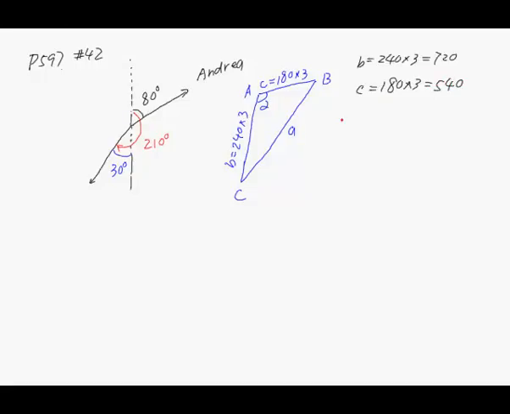Now let's get the angle alpha. Let's first look at this angle. And since this is 80 degrees, this guy must be 10 degrees, right? And this is the 90 degrees.